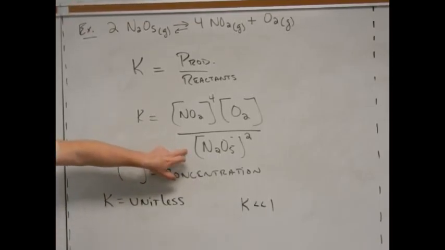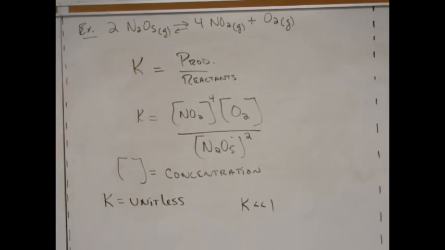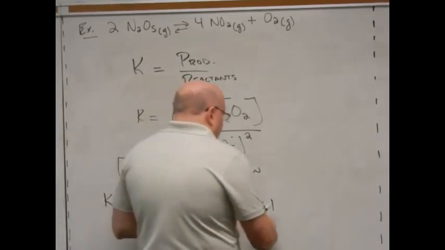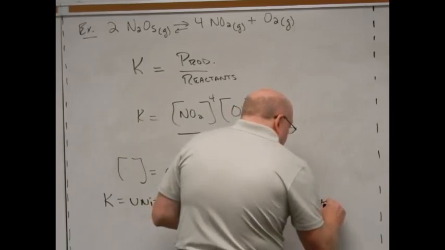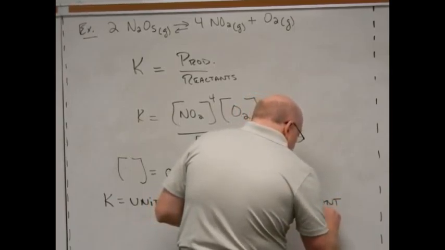That says that reaction is essentially all sitting at the reactant. Not much has gotten off to make product. The term that they'll use for this one is reactant favored.